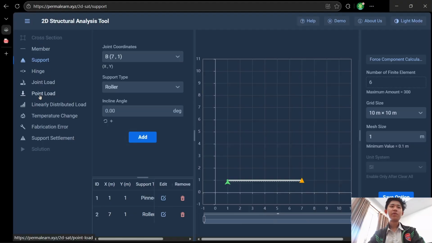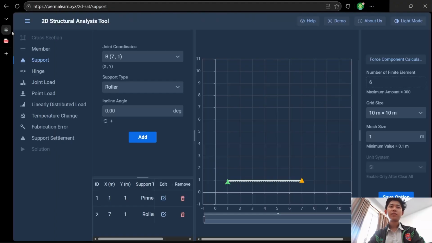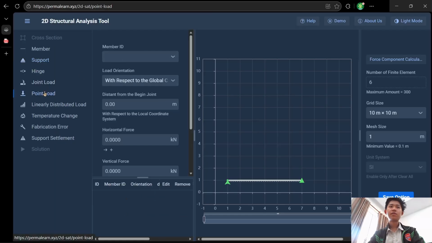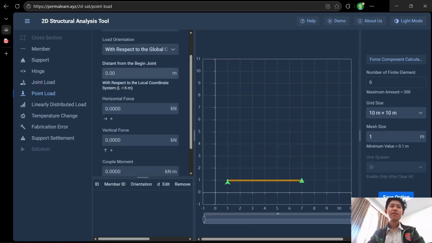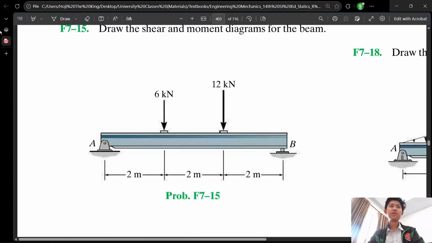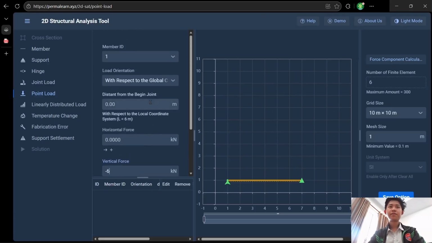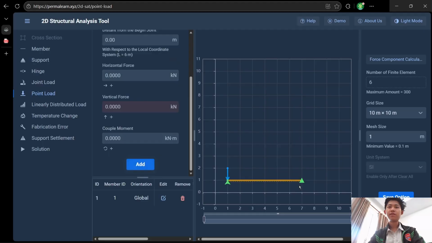After that, we can put in the forces. The first force is under our member, the beam, and it's vertical. The force is downward, so it should be -6, and we add it.